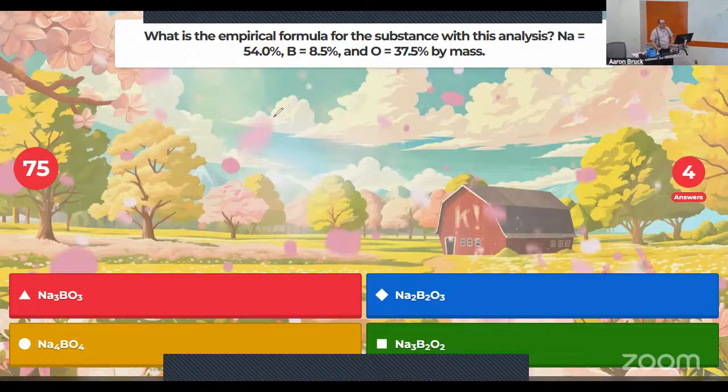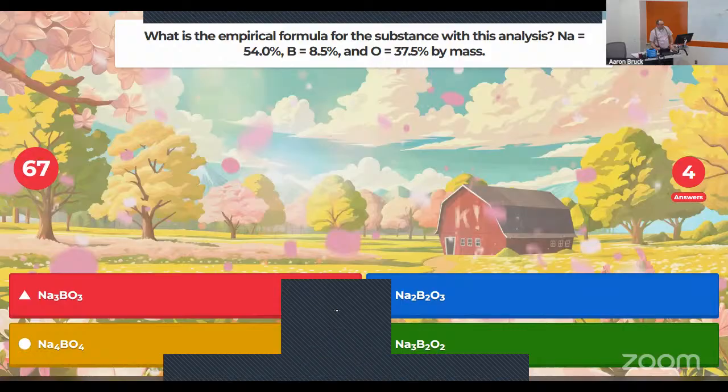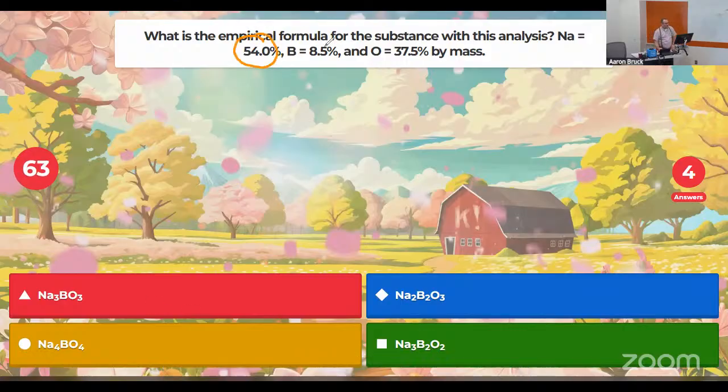So if you're having trouble remembering what to do here, remember, we're ultimately looking for the chemical formula. And so the easiest way to go about that is to take these percentages and turn them into grams of each individual element.